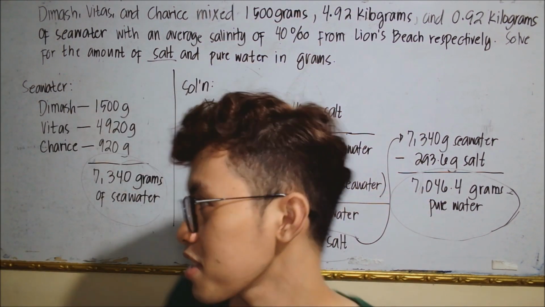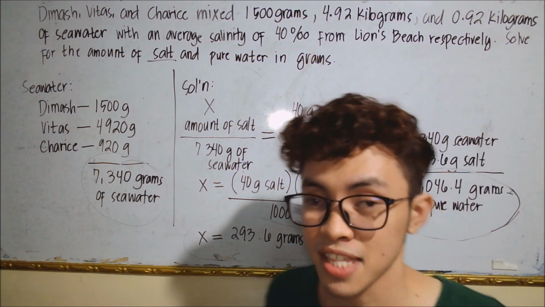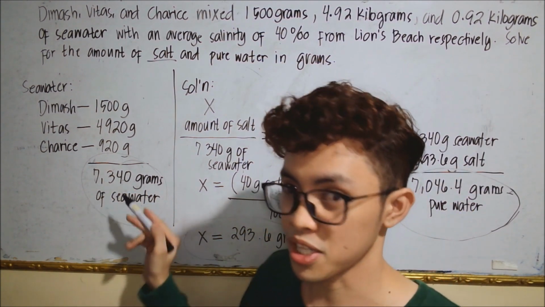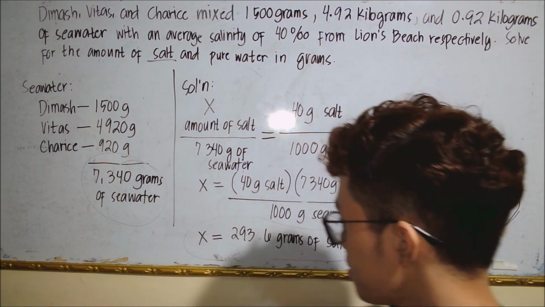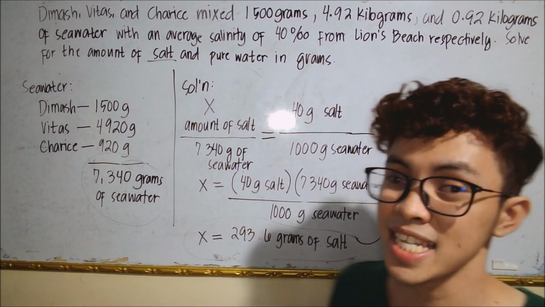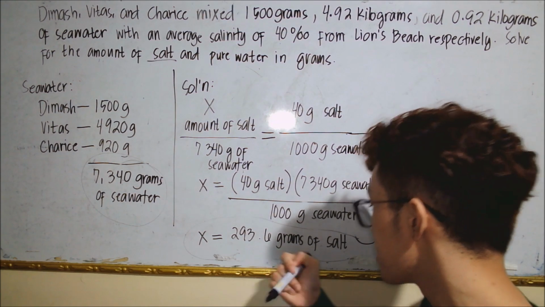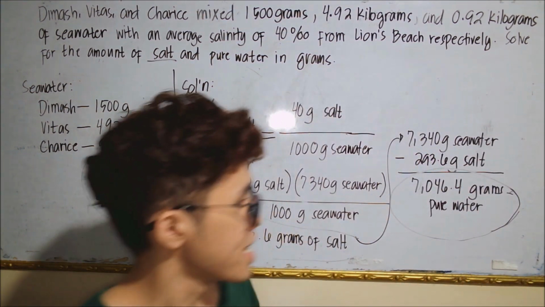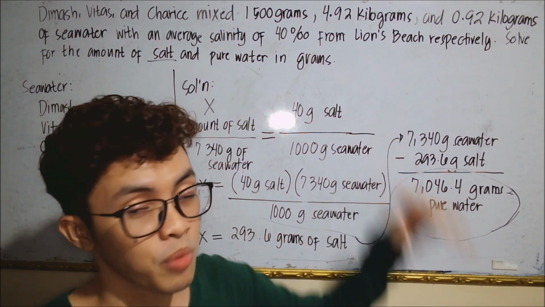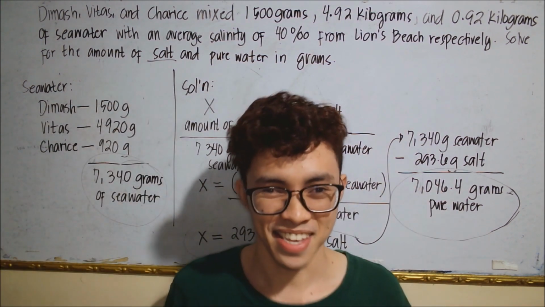So that means that from 7,340 grams of seawater with a salinity level of 40 parts per thousand, we can have 293.6 grams of salt, and the amount of pure water is 7,046.4 grams. Easy, right?